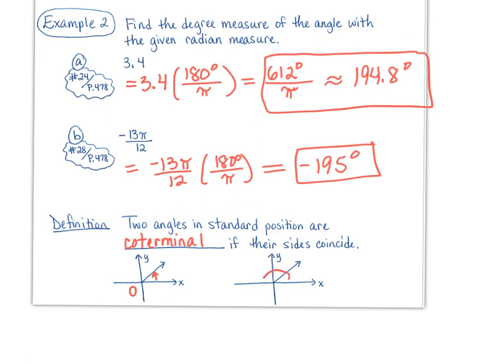This angle is a coterminal angle. That angle is a coterminal angle. So their sides coincide. What questions do you have? Do you have this?